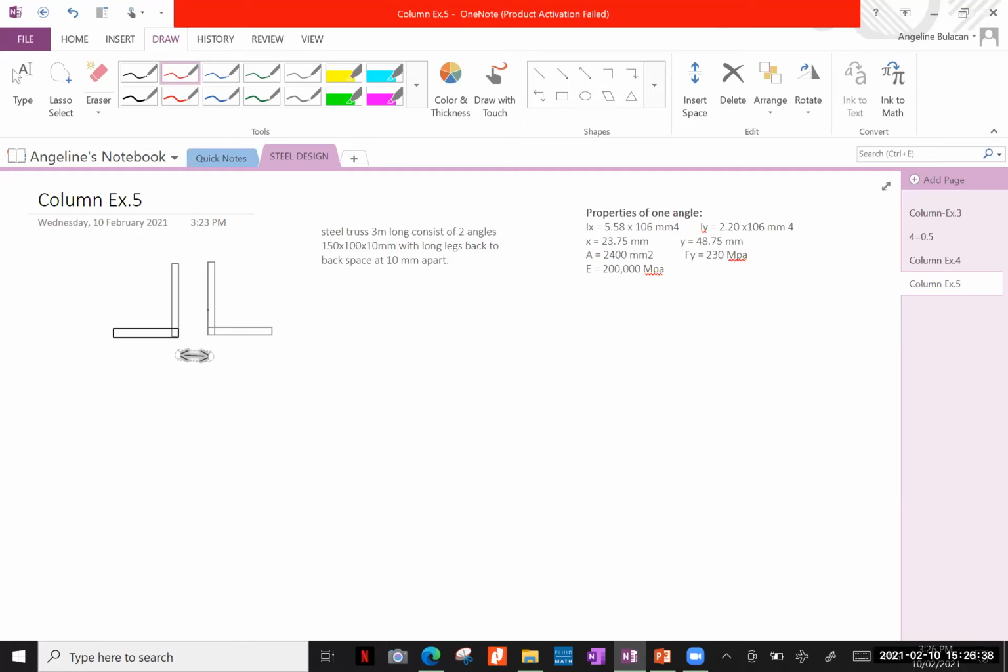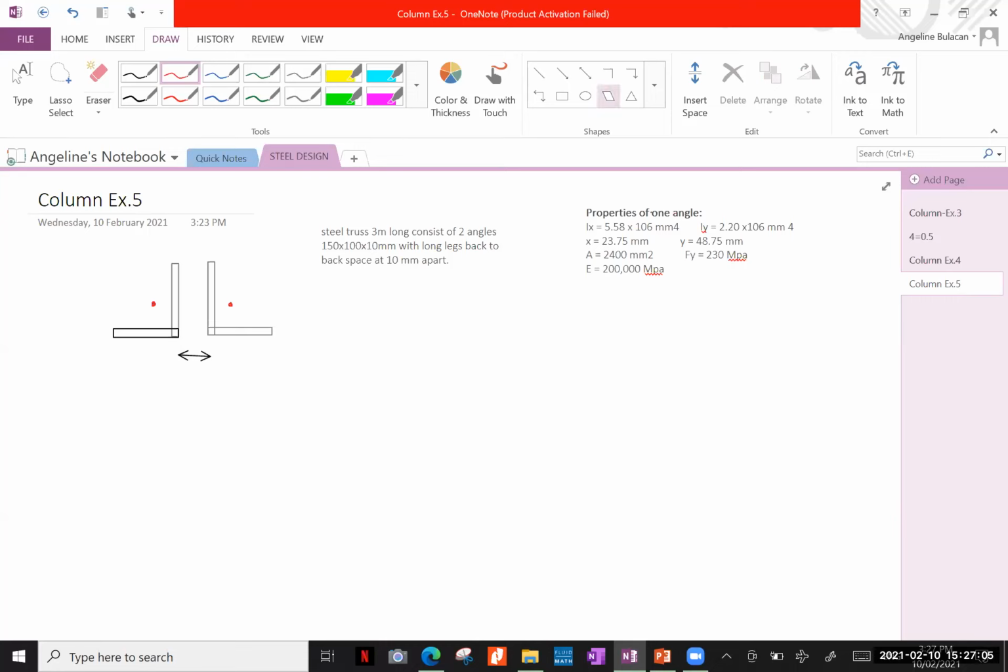So distance niya sa x, 23.75. Distance niya sa y is 48.75. So, sabihin natin, nandito yung centroid ng isang angle. 23, tapos 48.75. Andito din yung centroid ng isa.